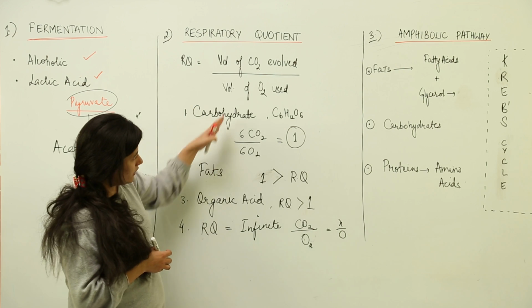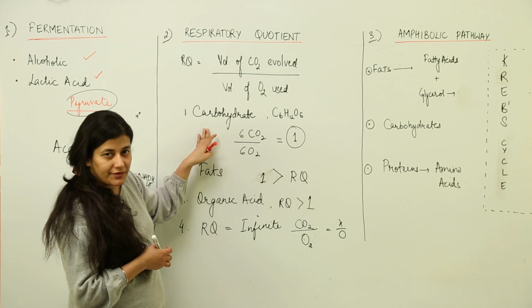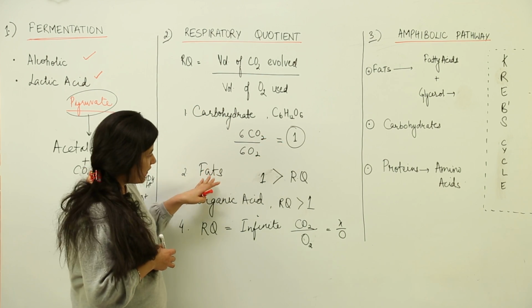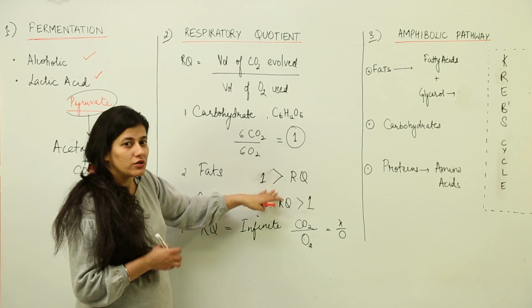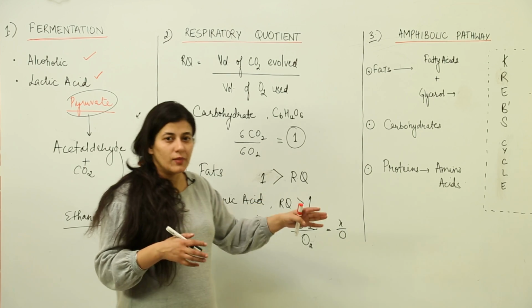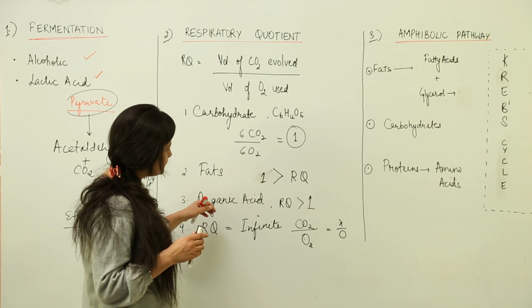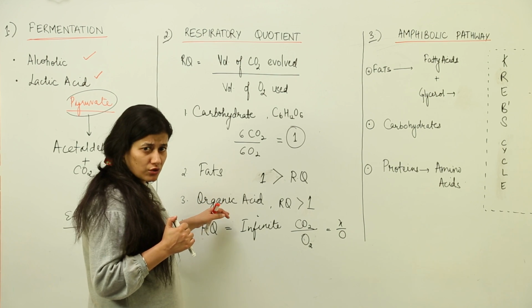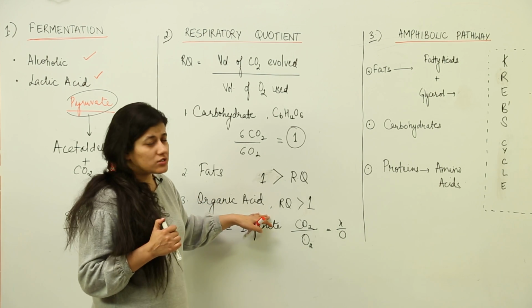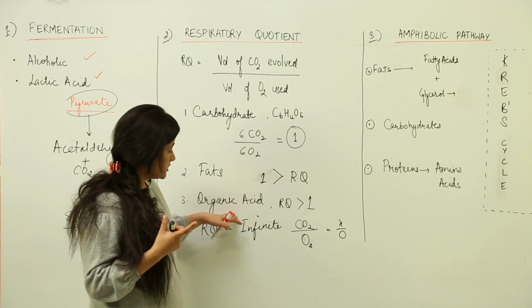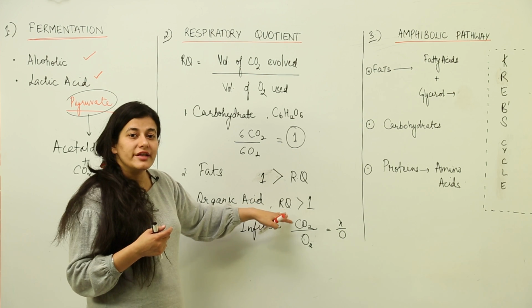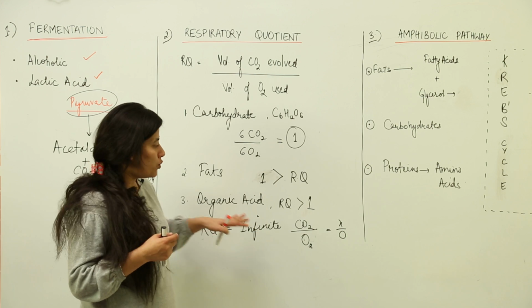We have discussed that in carbohydrates it would be 1. In fats, it would be less than 1, because fats are very large molecules which have fatty acids and glycerol molecule. And organic acids, because they already have a lot of oxygen inside them, have a respiratory quotient more than 1.